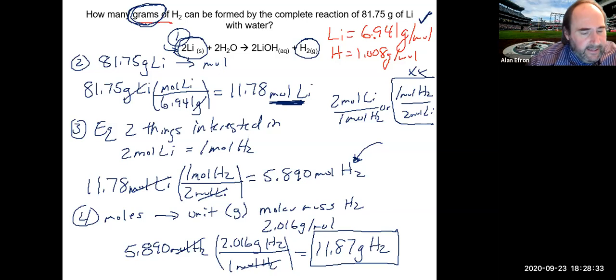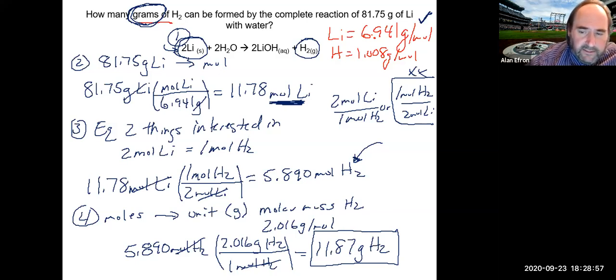So again, what this really means in this reaction is if we put in 81.75 grams of lithium into this reaction and everything went perfect, you should expect to be able to collect out of that reaction 11.87 grams of hydrogen being produced. Again, that is sometimes what is referred to as the theoretical yield.